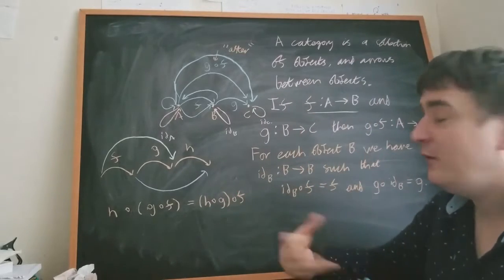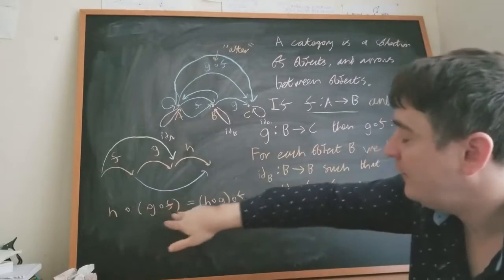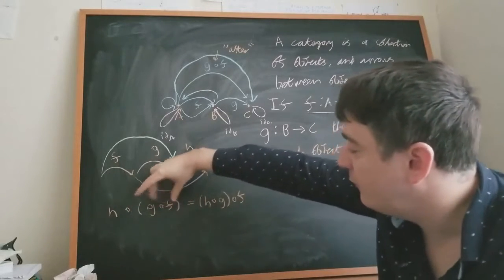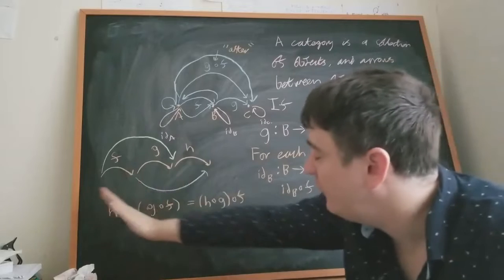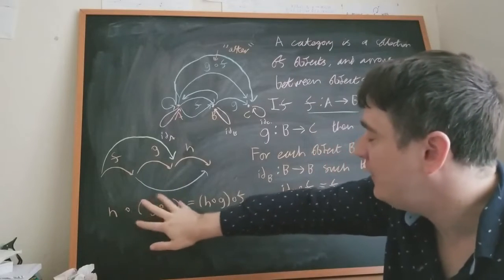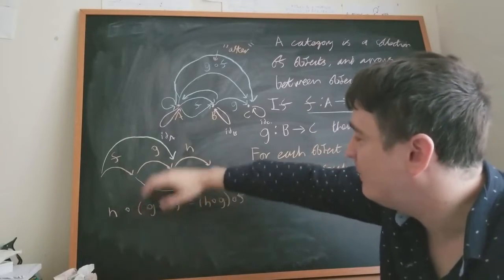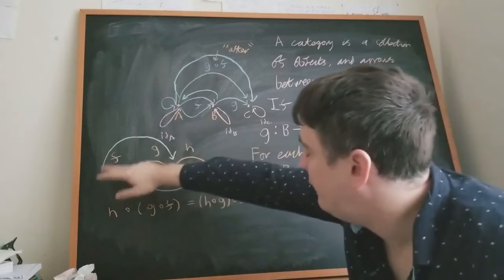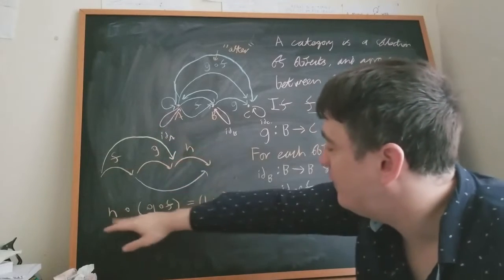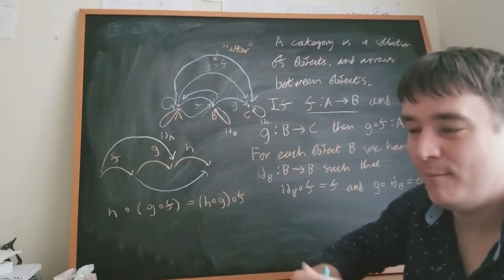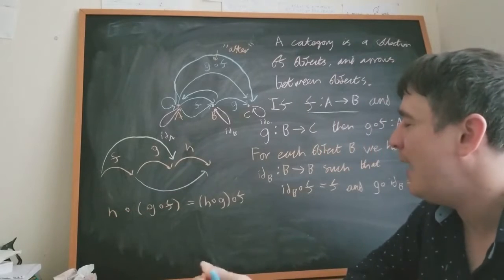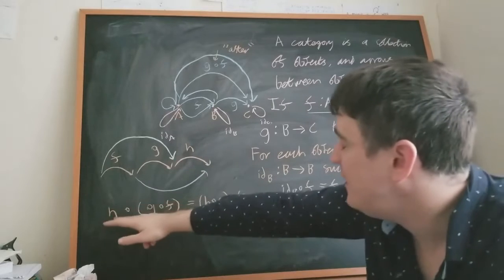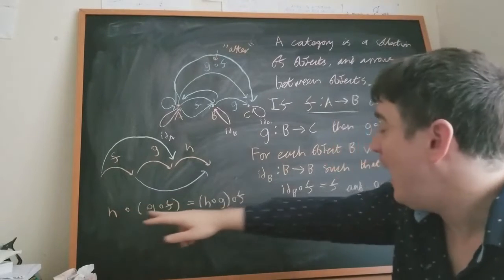The way I'm writing this, I'm using brackets to represent that. In this case here, we're composing these 2 arrows first to get this green one, and then we're composing with H after that.